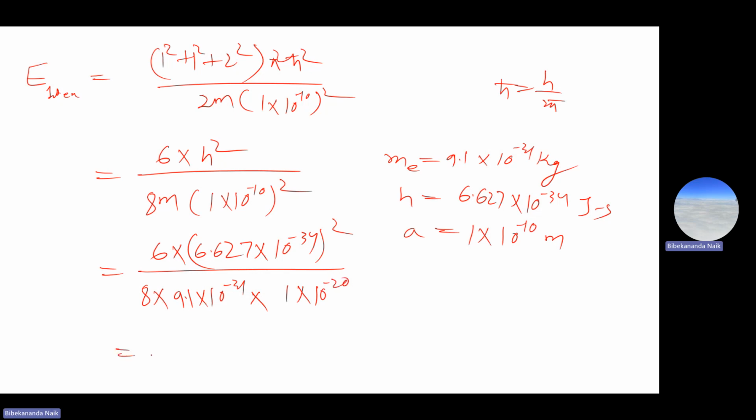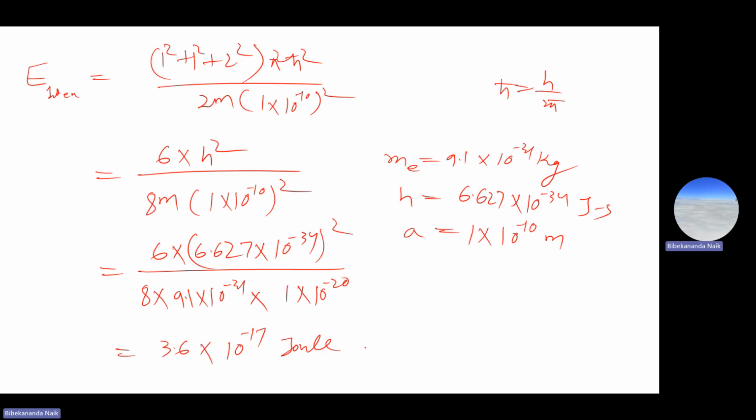If you calculate it, you will get around 3.6 into 10 to the power minus 17 joule.